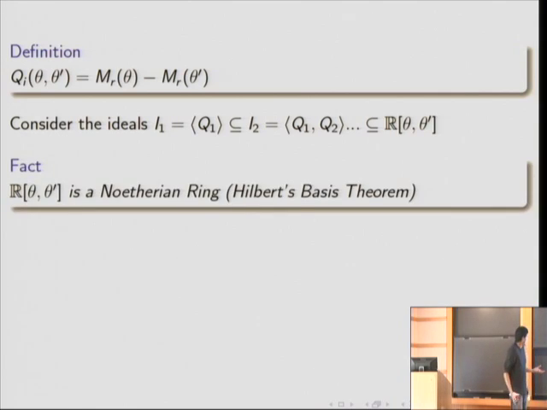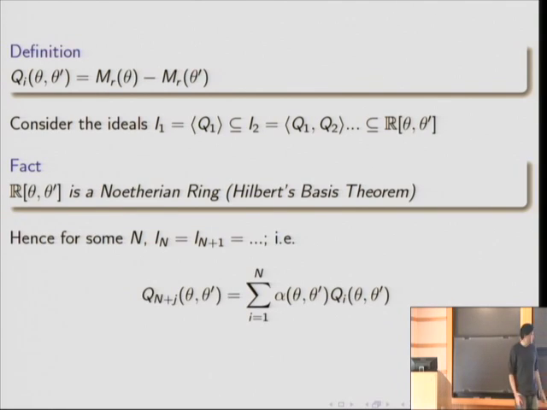But by Hilbert's basis theorem, the ring of polynomials over the variables theta and theta prime is Noetherian, so we know, just by definition of Noetherian, that there's no infinite increasing sequence of ideals. So after some point, these ideals all collapse. For some value n, the ideal I_n equals I_{n+1} equals I_{n+2}, and so on, forever.